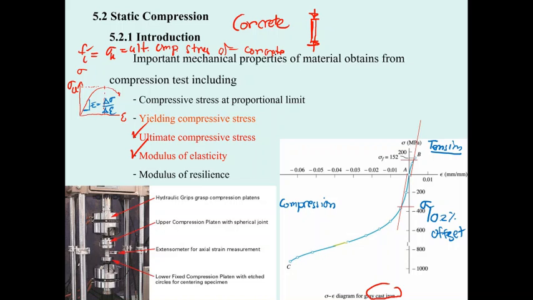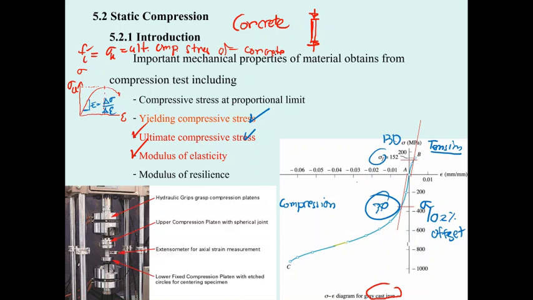This is maybe only 130, compared to 350. So most cast iron has high compressive strength. That means for the cast iron, you have to determine the yielding stress, and also you have to determine the ultimate stress, the sigma sub f.